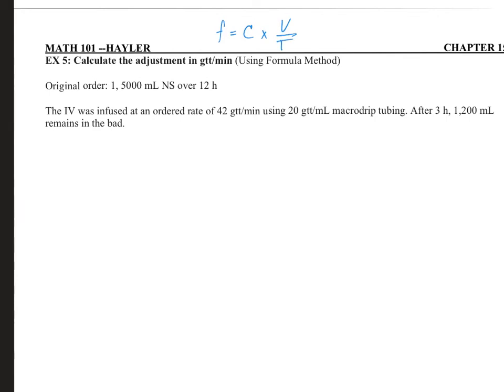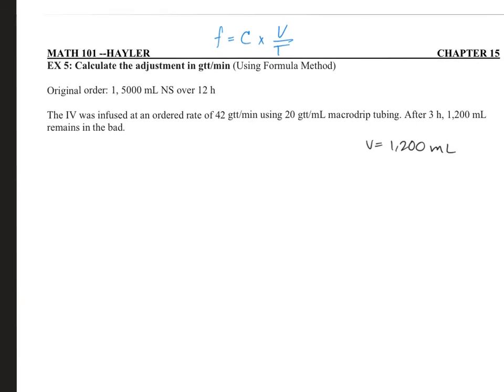So the first thing we want to do is gather all the information that we have and convert if necessary. So the volume is 1,200 milliliters. This is after, by the way. And the time is going to be the original time we have, let me do that in green actually. Original time we had was 12 hours, and then we're looking at this after 3 hours.